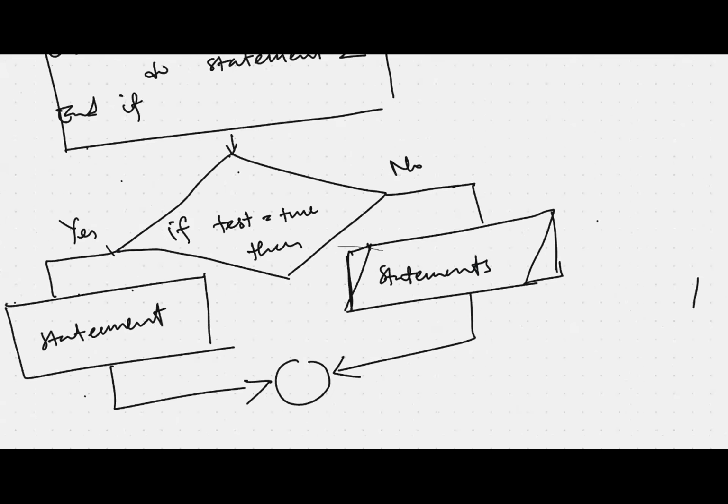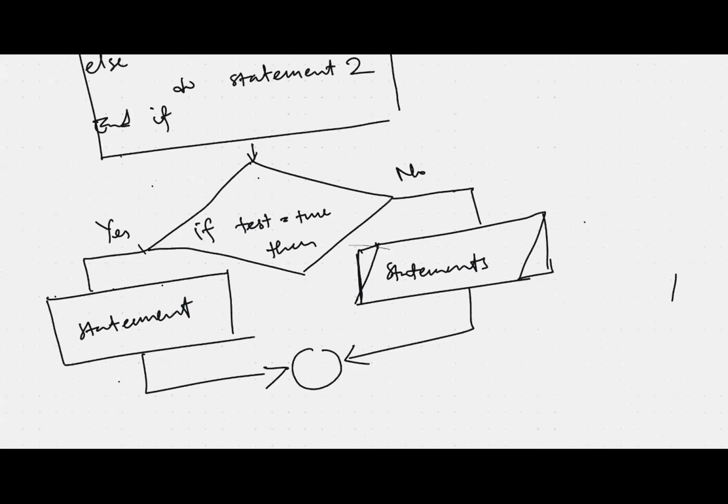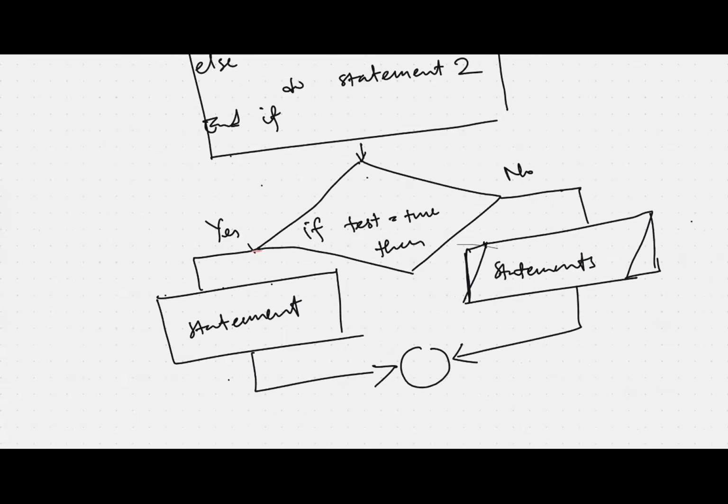So when the statement is true, we will normally pass here and we'll do this. But when the statement is not true, we'll normally pass here and then we'll do this. So there are 2 sides to this one as well.